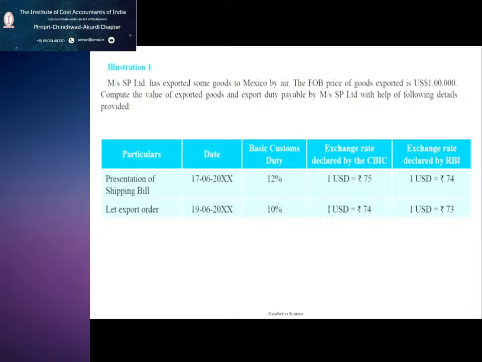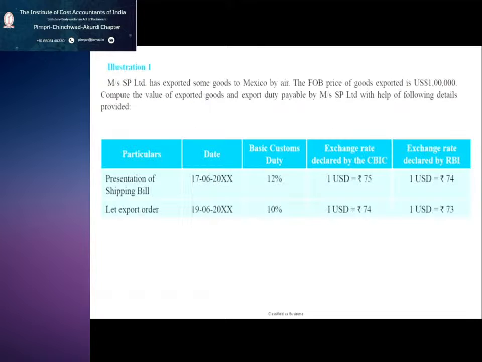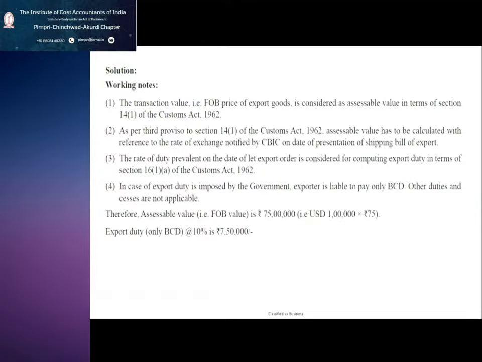How are we going to calculate it? Our first thing is the FOB value, 1 lakh US dollar, and which exchange rate we have to consider is very important. That is the exchange rate declared by CBIC. So that exchange rate we need to consider.